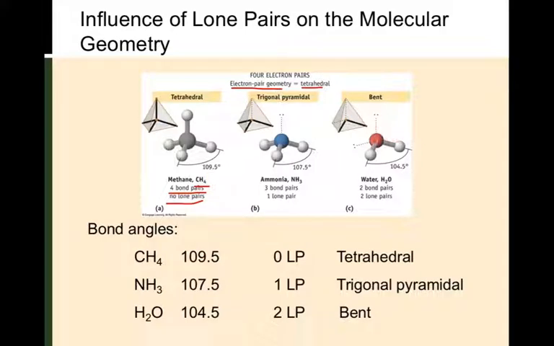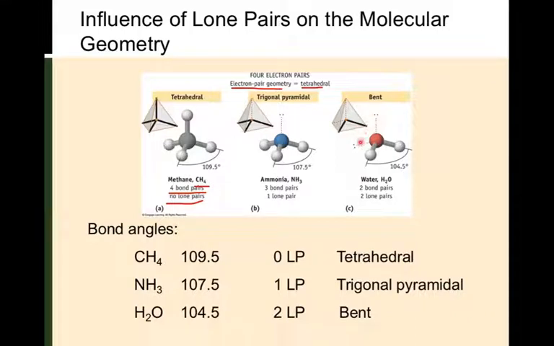And then water as well. Water has a tetrahedral electron pair geometry, but it now has 2 lone pairs, lone pair 1 and 2, and so it has a bent structure where the OH bonds are quite close together, 104.5 degrees. So the compression has become even greater. Going from methane to ammonia we went down 2 degrees, but from ammonia to water we went down by 3 degrees. The reason is that lone pair-lone pair repulsion is even greater than lone pair-bond pair repulsion.